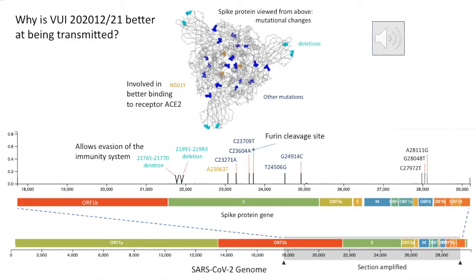Now, earlier on I said that Pfizer have said that they expect their vaccine to raise antibodies to this particular variant. What is their confidence? Why are they so confident that this is the case when we can see that mutations carried in this lineage actually help the virus avoid the immunity system?